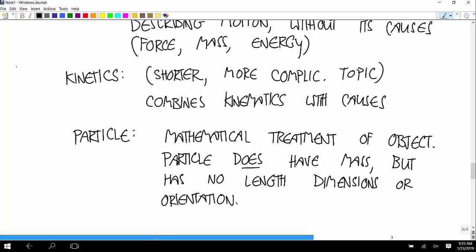And so it's not just a matter of size, whether something little is a particle and something big isn't. It really has to do with what you want to calculate. If you need to know an object's orientation, or you need to know what's happening on different sides of it, then you can't treat it as a particle. If all you care about is the motion of the center of mass, then you can treat it as a particle.